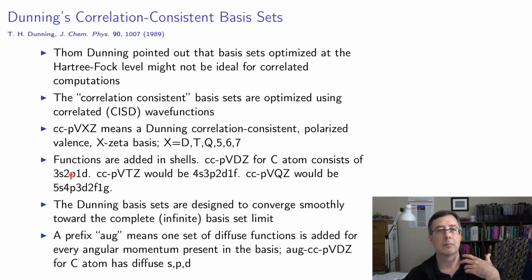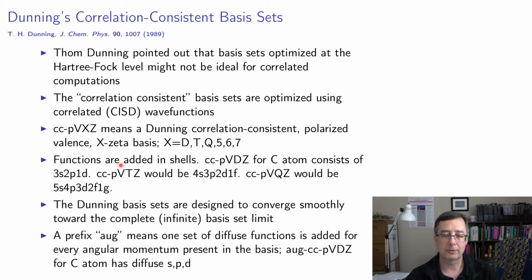Carbon atom involves a set of p's, obviously, and because it's double zeta, I have 2 sets of p's. That's where the 2 p's come from. And then it's polarized, and because I involve p functions, then to polarize that, I need to jump up one more level and add a set of d's. So indeed, this really is a split valence, polarized valence double zeta basis set.